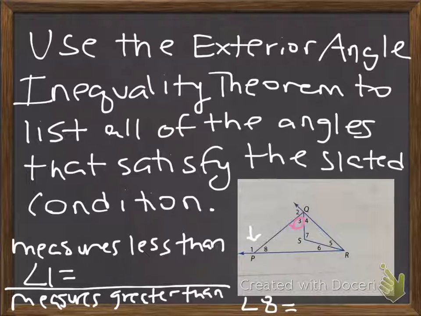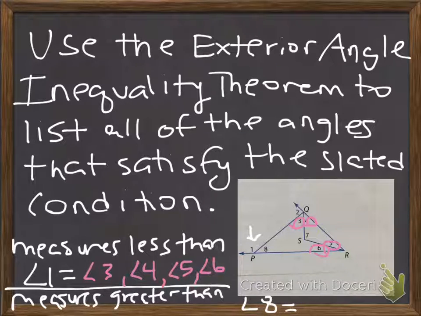It could be angle 4, that's also inside the figure. If you think of triangle PQR, it could be angle 5, that's also inside the figure, and it could be angle 6. So angle 3, angle 4, angle 5, and angle 6.